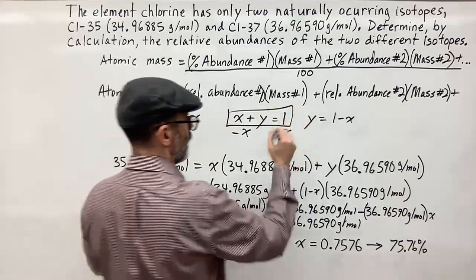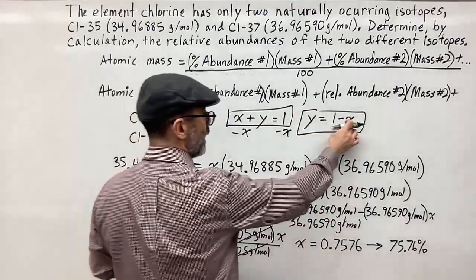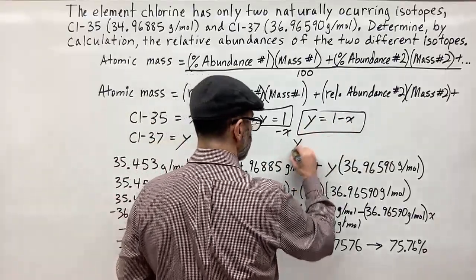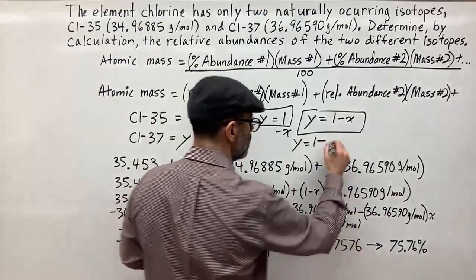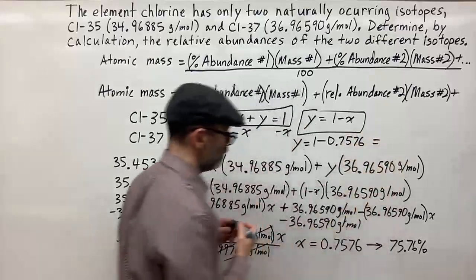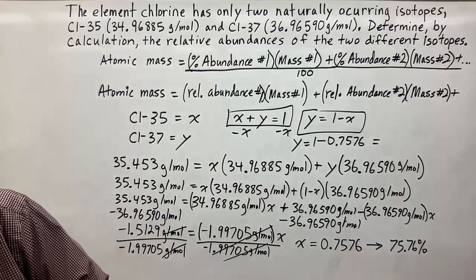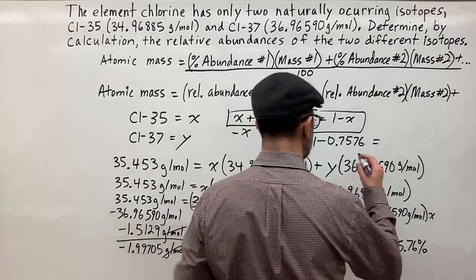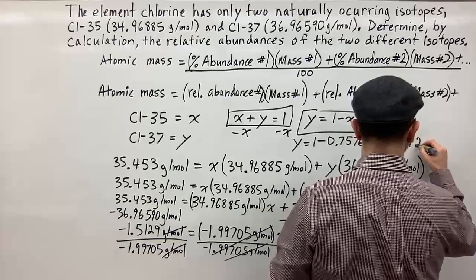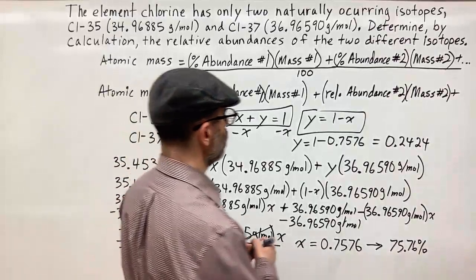If we subtract x from 1, we get y is equal to 1 minus 0.7576, and that gives us 0.2424.